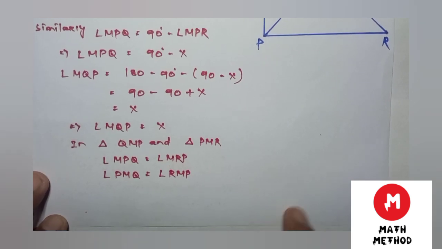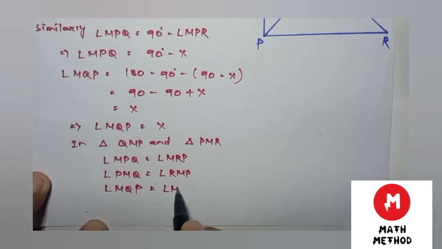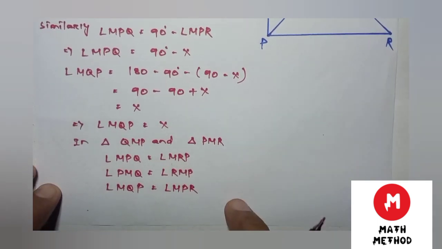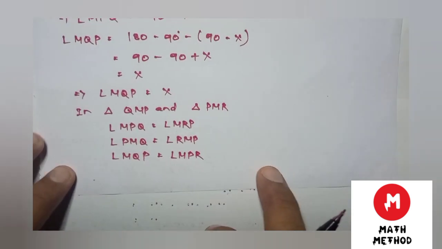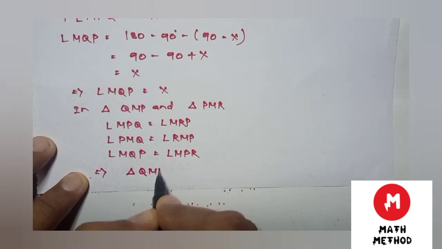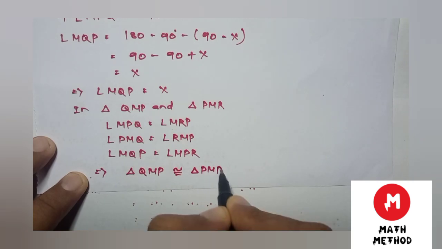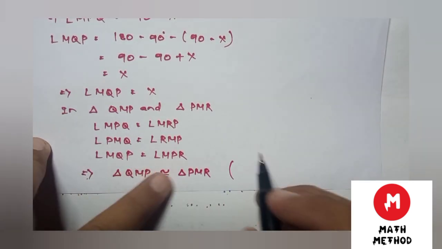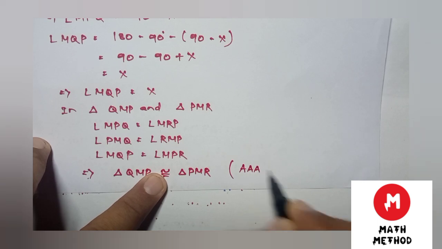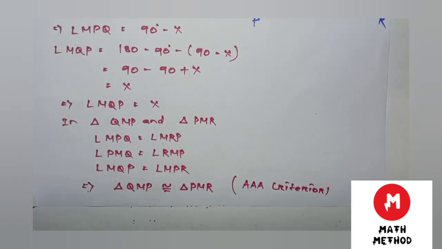Clear? Another angle is angle MQP, which is equal to angle MPR. Clear? Now by the AAA similarity criterion, we can say that this implies triangle QMP is congruent to triangle PMR. Right, in this, AAA criterion. Clear? Both triangles are congruent.